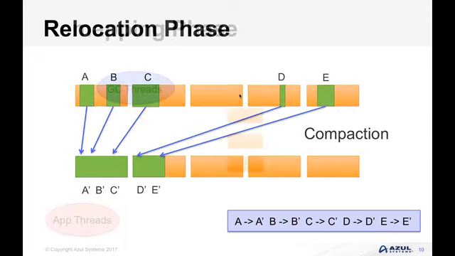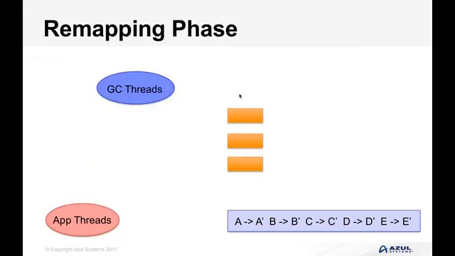That way, when we need to do the remapping phase, and this is where we need to go through and change the references of the object headers so that the object header points at the new position where we've compacted the object to rather than the old position, again, we will have our garbage collection threads doing some work in the background. The garbage collection thread will look at this side table and say object A was moved to A prime.